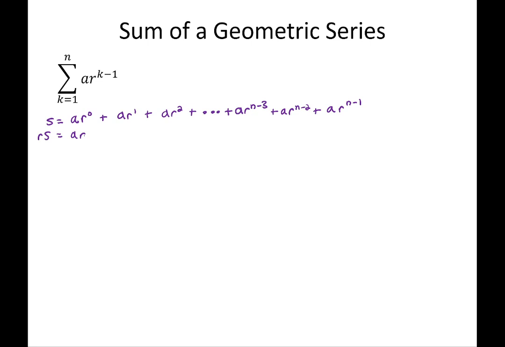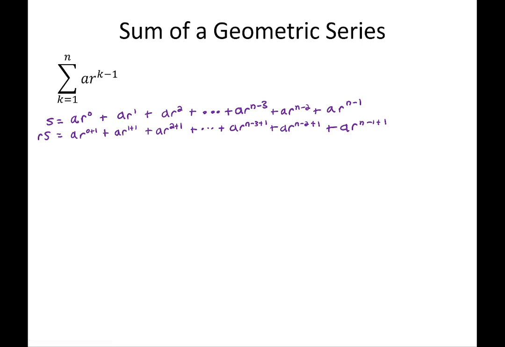So we'll have a times r to the power of 0 plus 1, exponents add, plus a times r to the 1 plus 1, plus a times r to the 2 plus 1, plus dot, dot, dot, plus a times r to the n minus 3 plus 1, plus a times r to the n minus 2 plus 1, plus a times r to the n minus 1 plus 1. So I'm multiplying each of those by r.